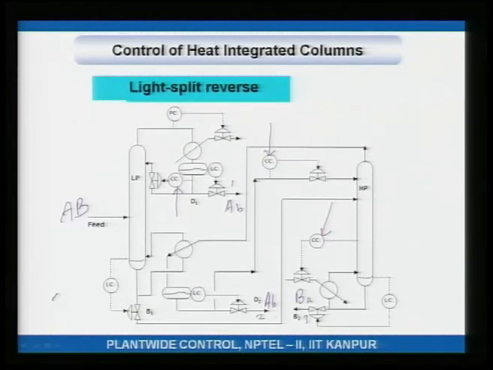Degrees of freedom is 3. If I have a simple distillation column, how many product streams do I have? 1, 2. What is the degrees of freedom of a simple distillation column? 2. Okay. It is a very straightforward way of figuring out degrees of freedom.